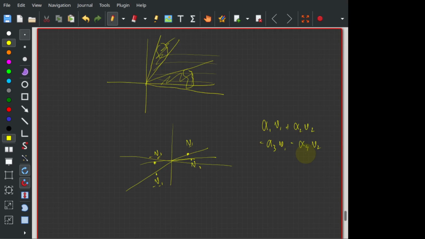Where all the alpha i should be greater than or equal to 0. Now with this, can I generate any point in R2? Yes, right? Because effectively this is just (alpha 1 minus alpha 3) v1 plus (alpha 2 minus alpha 4) v2. Alpha 1 minus alpha 3 can be any real number. Alpha 2 minus alpha 4 can be any real. So this is essentially the set of all linear combinations, so it's all of R2.